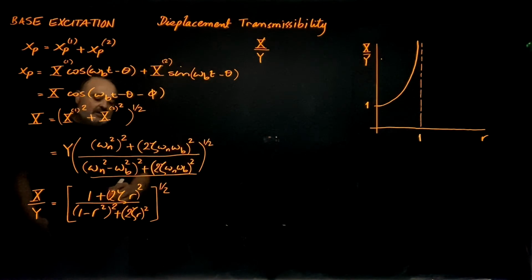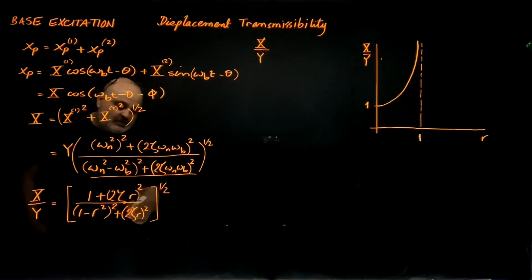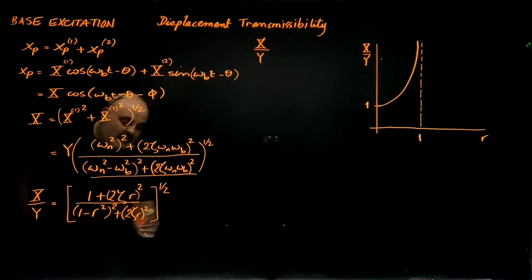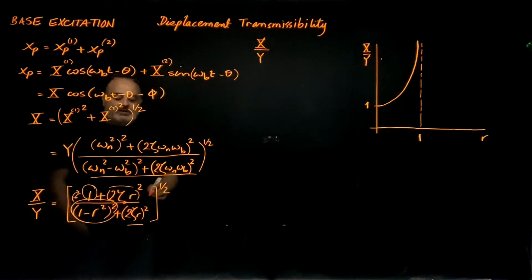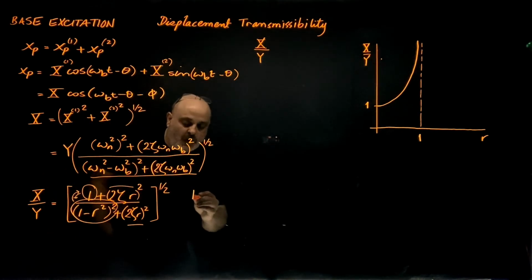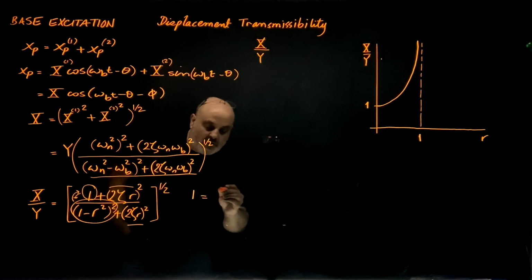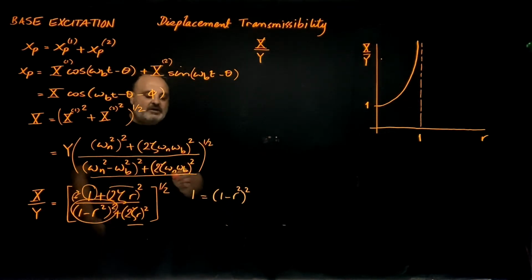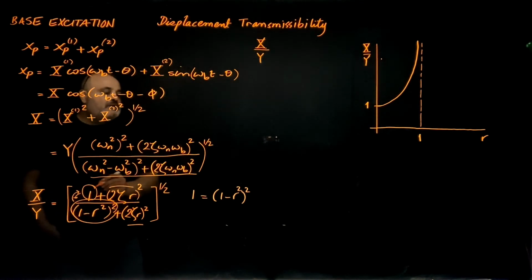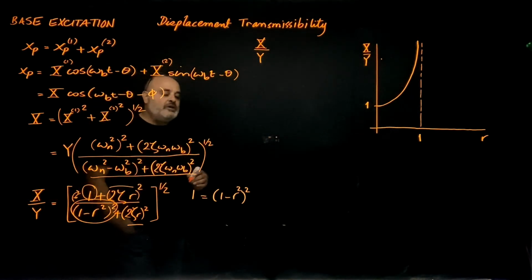Now, notice that for this expression to be equal to 1, these two terms have to be equal, which means that if 1 is equal to 1 minus r squared all squared, then the displacement transmissibility is 1, because the numerator and denominator will be equal.